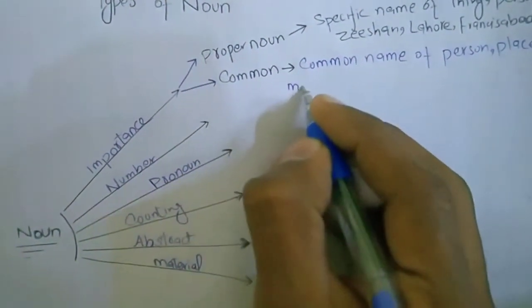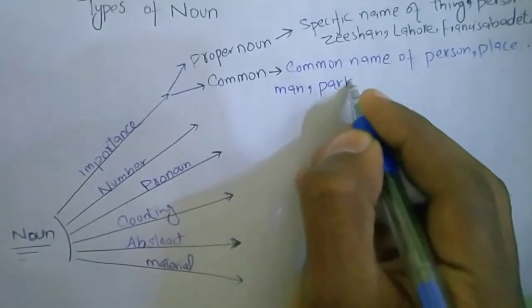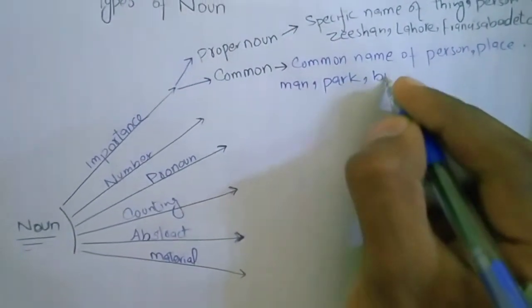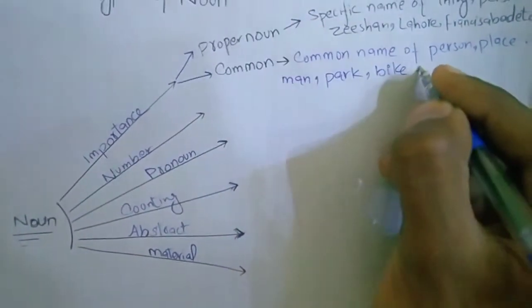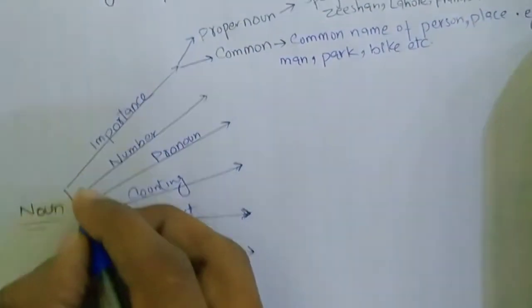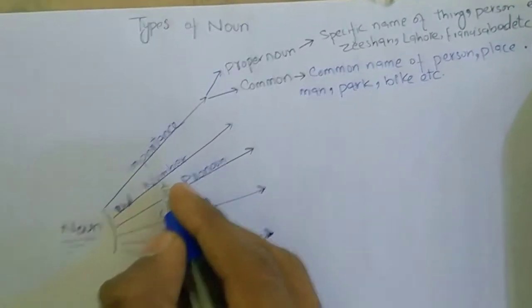For example, man, park, bike, etc. Then we will move to our second main type, which is noun of numbers.